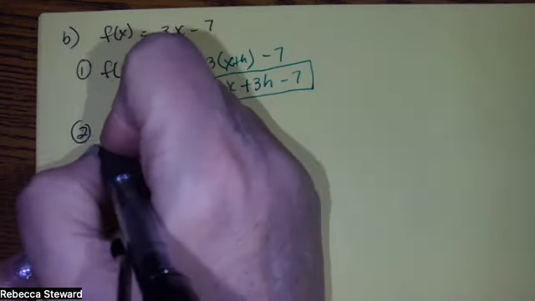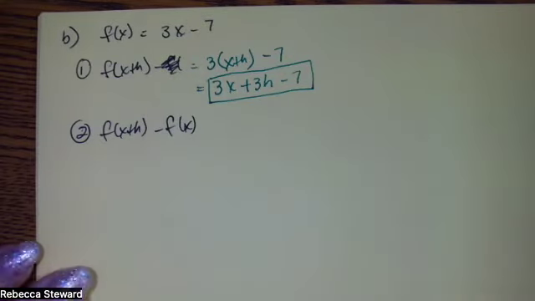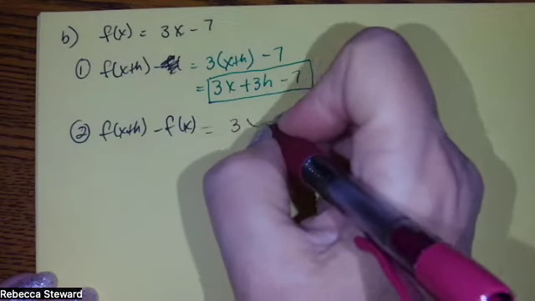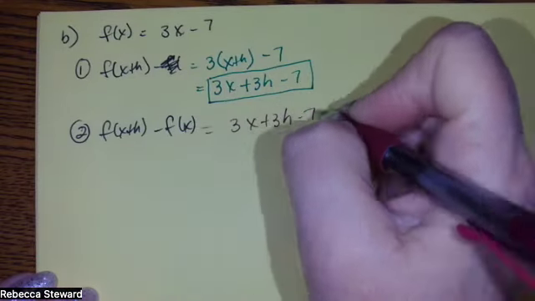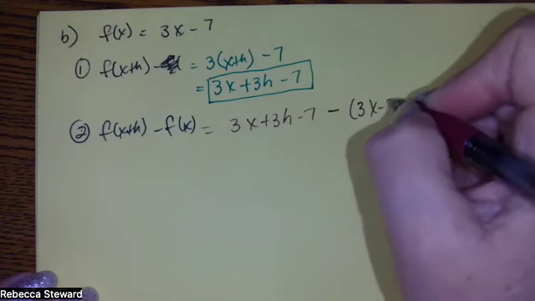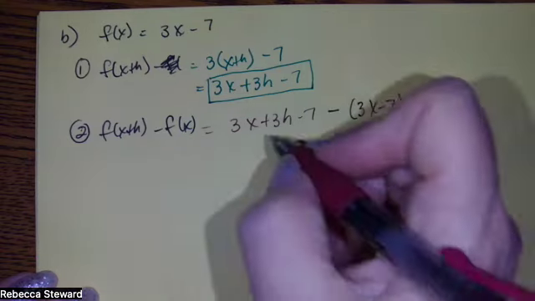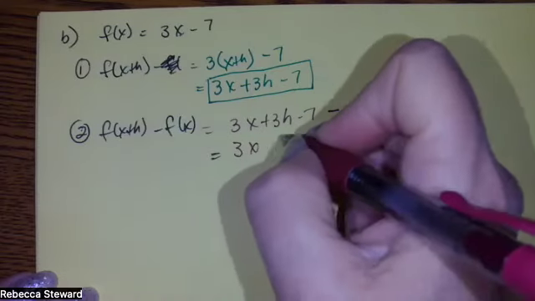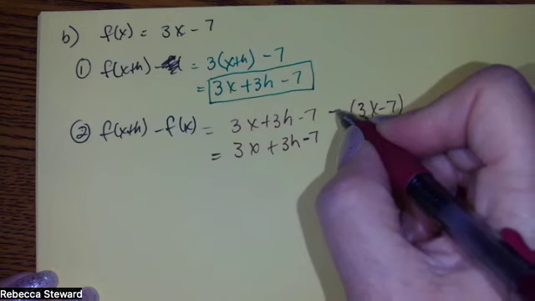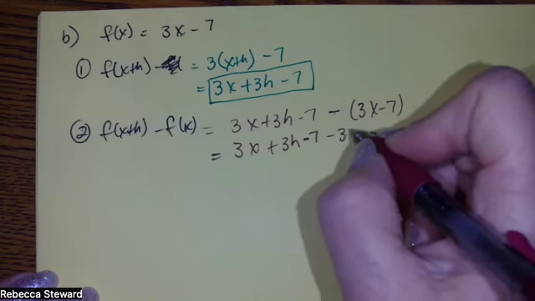Step 2 will be our f of x plus h minus our f of x. So this will be equal to our 3x plus 3h minus 7 minus our function of 3x minus 7. So this will be 3x plus 3h minus 7, and then negative 3x.